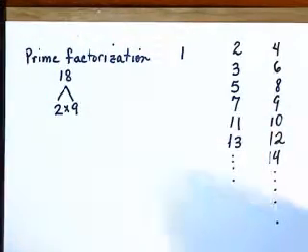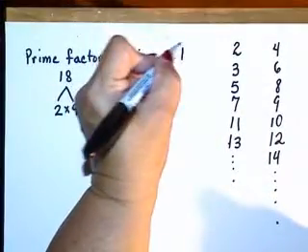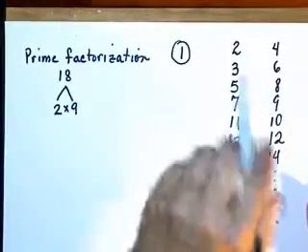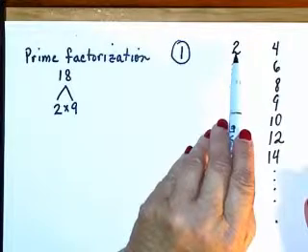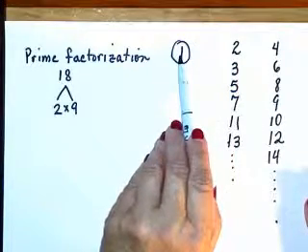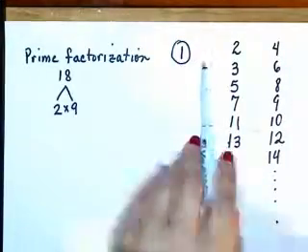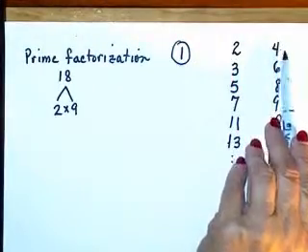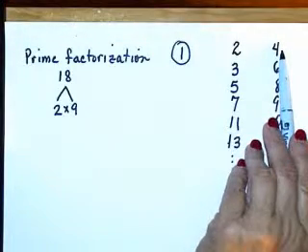Now, 1 is neither prime nor composite, because 1 has only one factor. So it doesn't fit the bill of being a prime number as having 2 factors. 1 times 1 is the only way to get 1 here with an integer. Now, with each of these, I can find a way other than 1 times 4, and that would be 2 times 2.